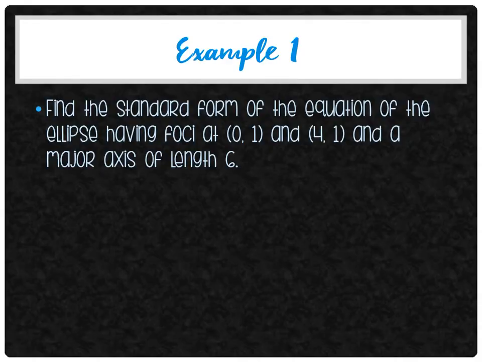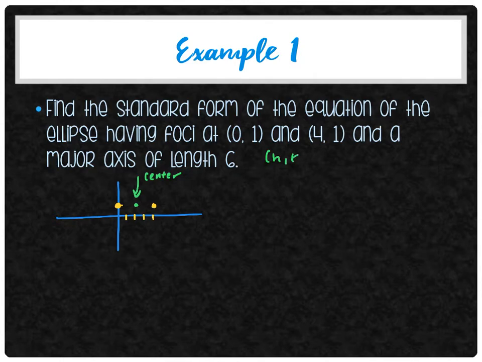Okay, example 1. Find the standard form of the equation of an ellipse having foci at 0, 1 and 4, 1, and a major axis length of 6. Okay, so for me, sometimes it's easier to graph it, so I'm going to start there. I'm going to say 0, 1 and 4, 1 are my foci, which means the midpoint between these 2 is going to be my center.